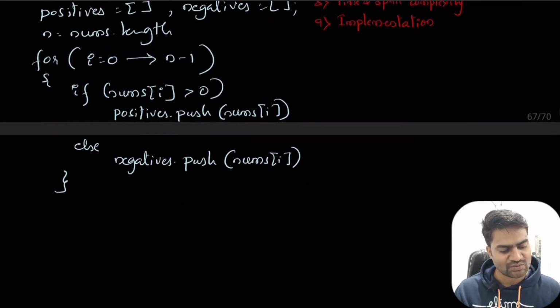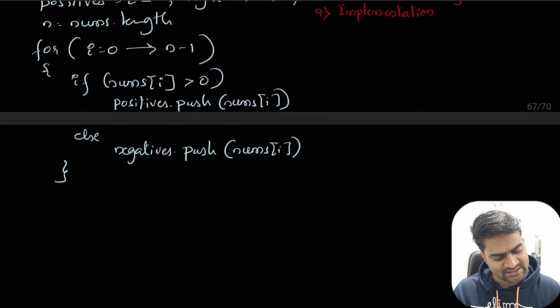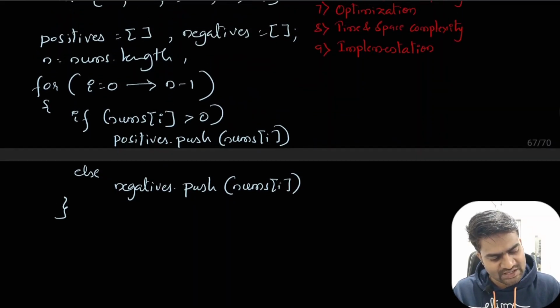Now I will iterate over both the arrays and then push them, or add them, to my result array. So I will take a result array, which will be an empty array.